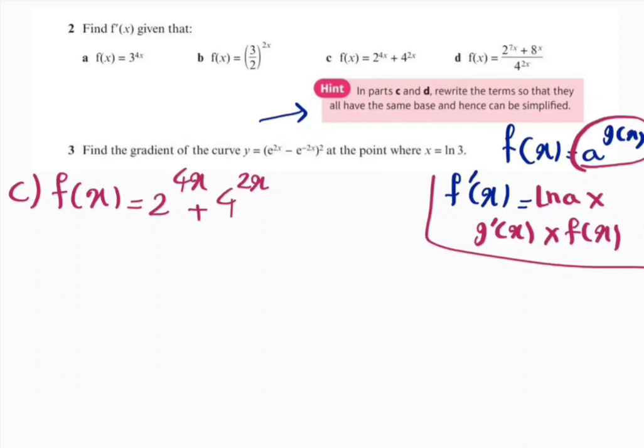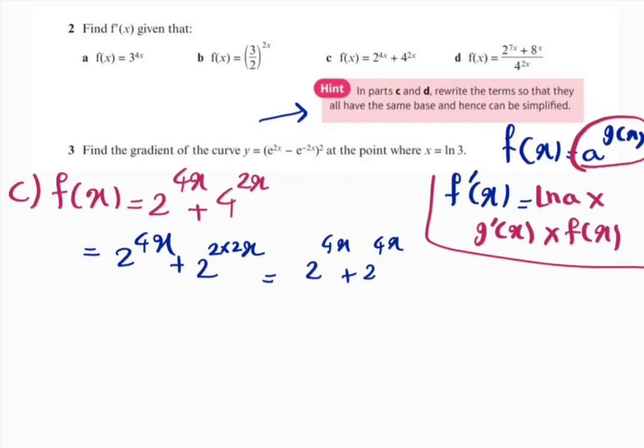Simply, we can see that we have 2 here and 4 here, and that's going to be really helpful because 4 is equal to 2 squared, and we can rewrite this function as 2 to the 4x plus 2 squared to the 2x, and then this is 2 to the 4x plus 2 to the 4x again.